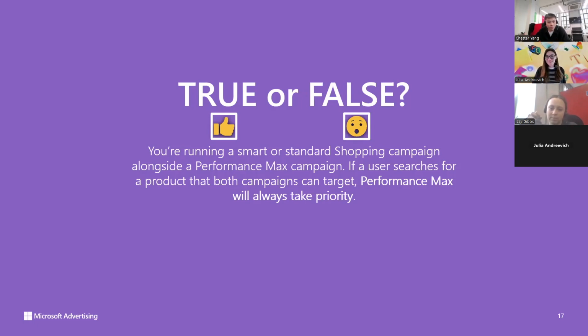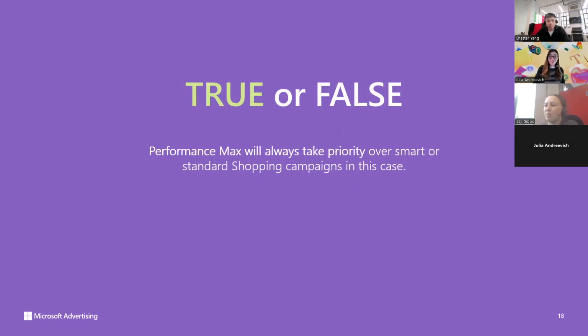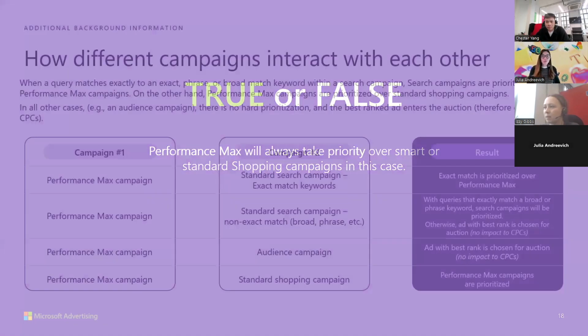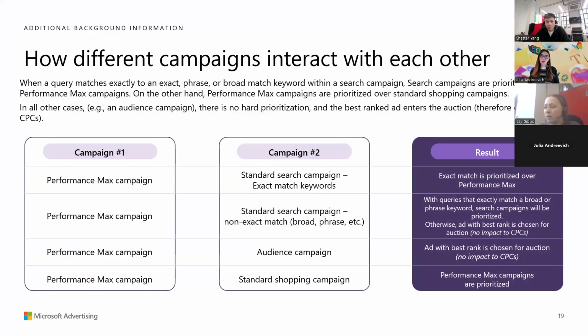Great. I hope everyone understands that this is true, because Performance Max will take priority over smart or standard shopping campaigns. Those are the only strong prioritizations in our algos. Exact match keywords always take priority over Performance Max, and Performance Max is prioritized over standard shopping campaigns.